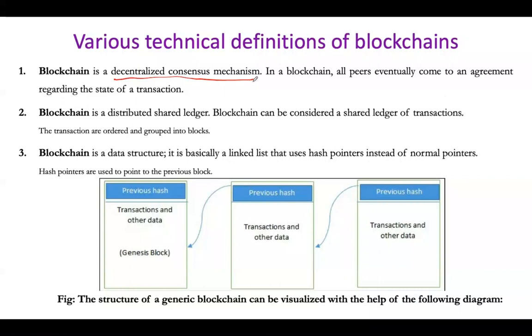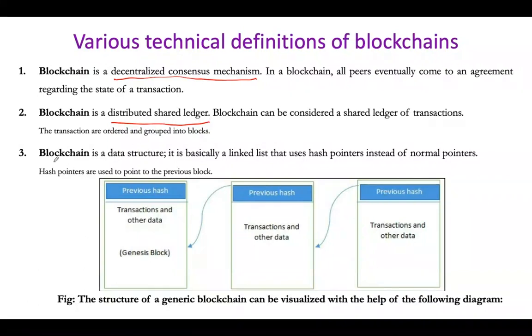That means in a blockchain, all peers eventually come to an agreement regarding the state of a transaction. The second way of defining blockchain is as a distributed shared ledger, which we just discussed. Blockchain can be considered as a shared ledger of transactions, where the transactions are ordered and grouped into blocks.